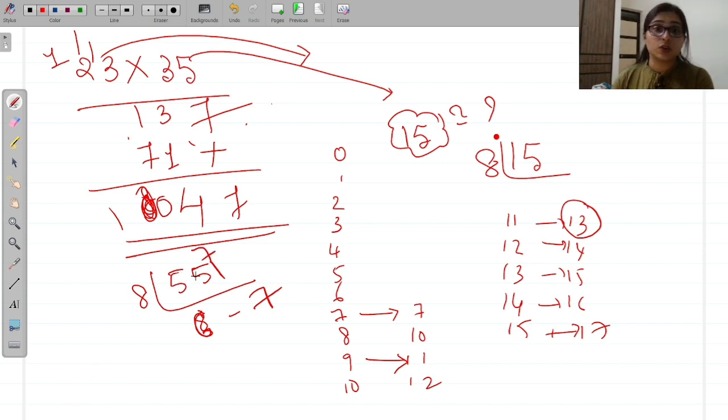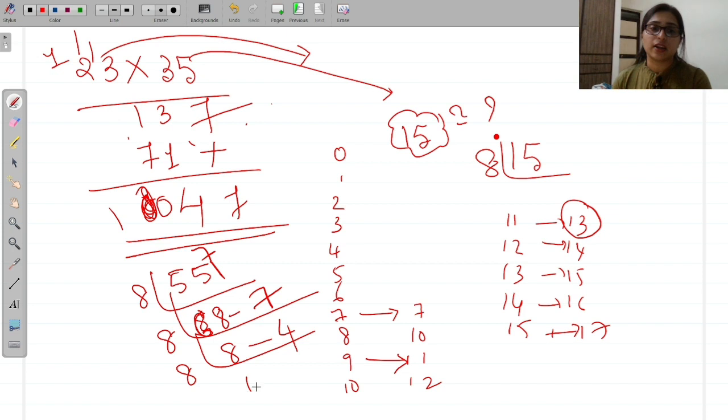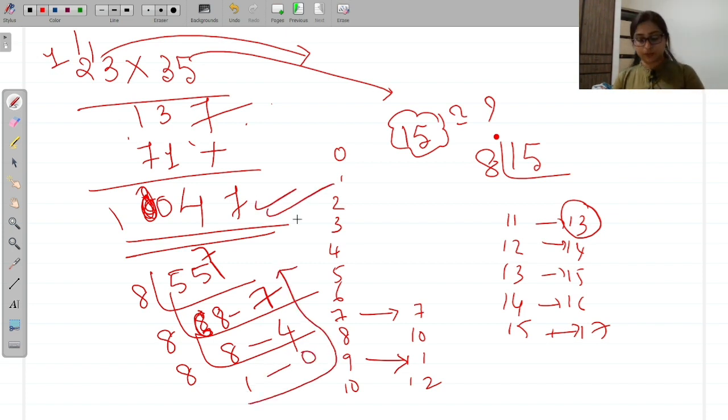So 8 9s is not possible, 8 8s are 64, so 64 plus 7. Okay, so next comes 8 8s are 64. This is 4. Next what happens? 8 and 1 and 0, so 1047. So is this right? Yes, you have got the answer 1047.